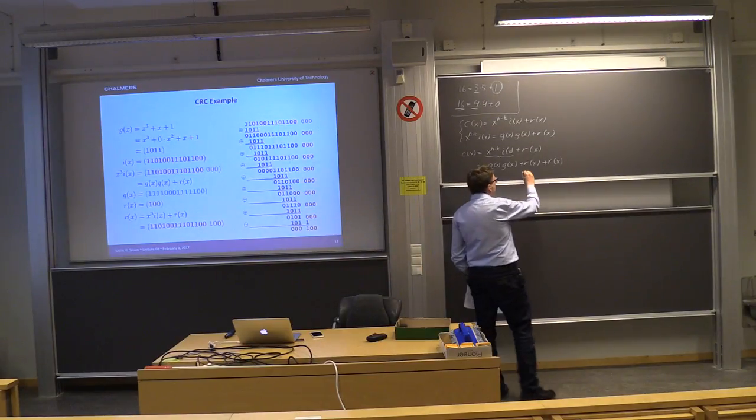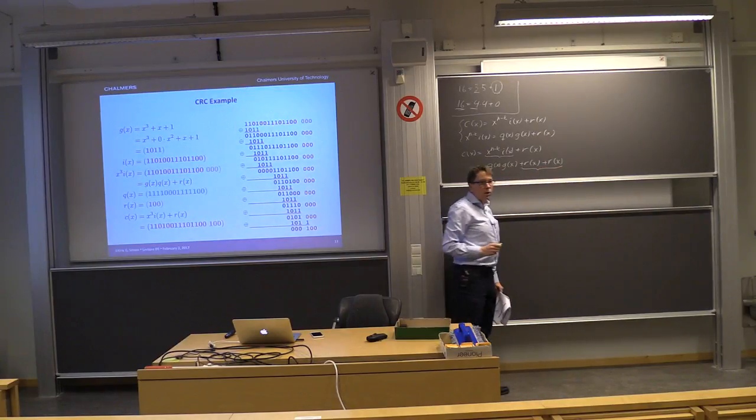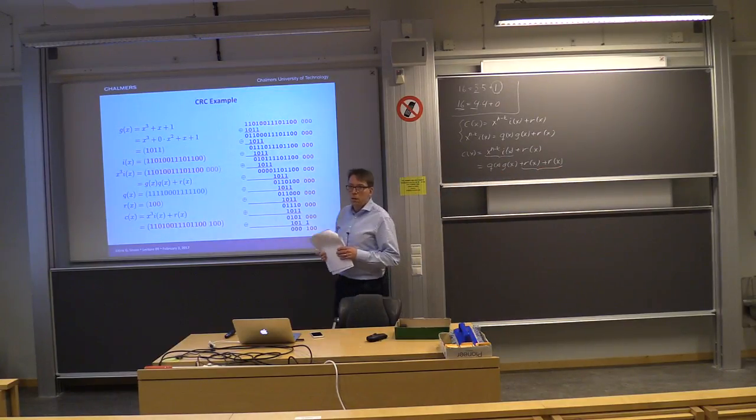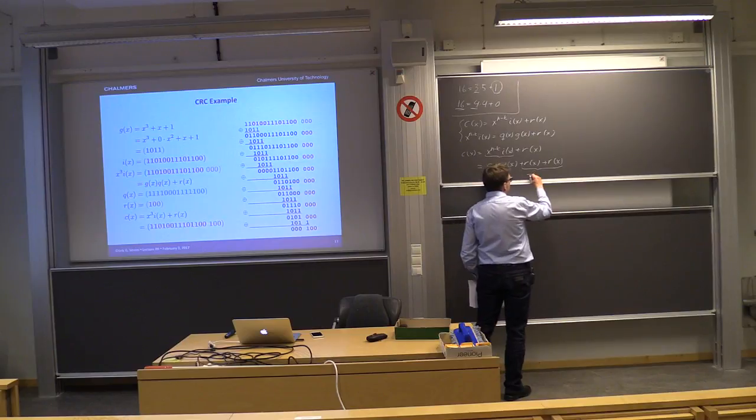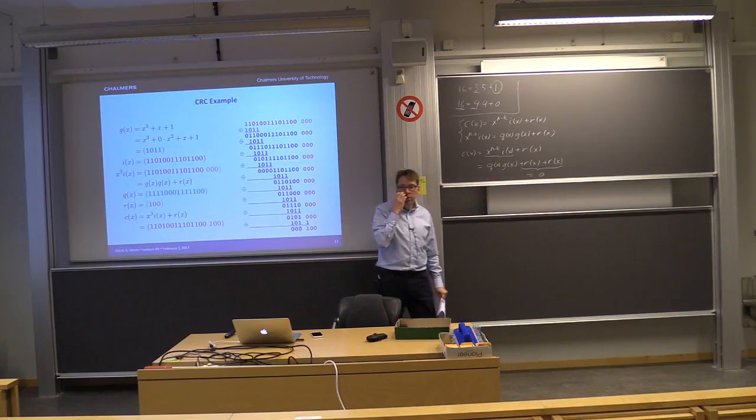Now, what is the remainder plus the remainder? It would be 2 times the remainder in usual arithmetic, but this is binary addition. When we add two binary polynomials, we add the coefficients modulo 2, so we get just zeros. This is equal to the 0 polynomial.